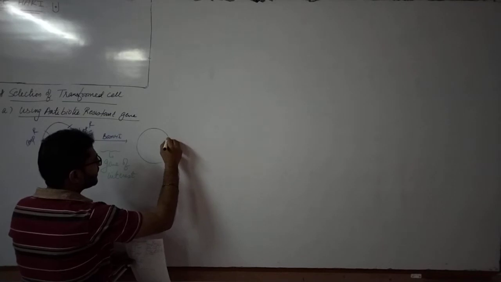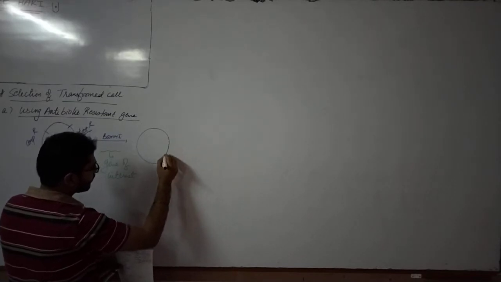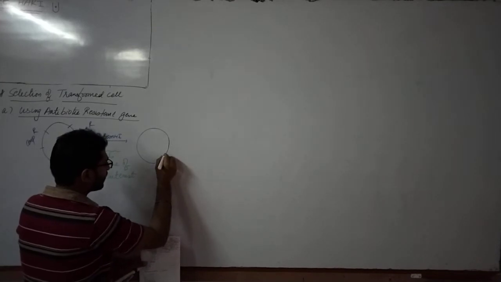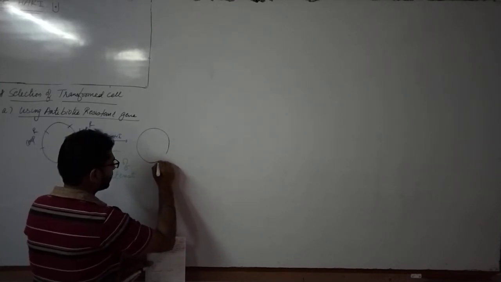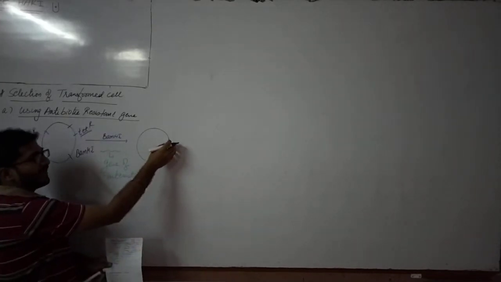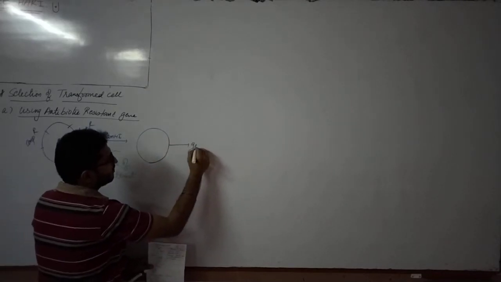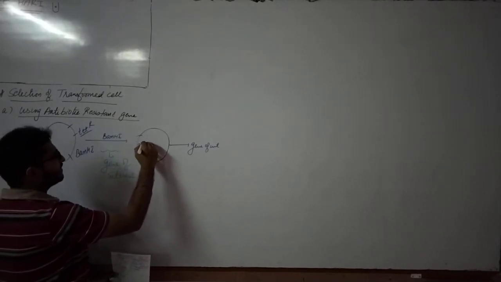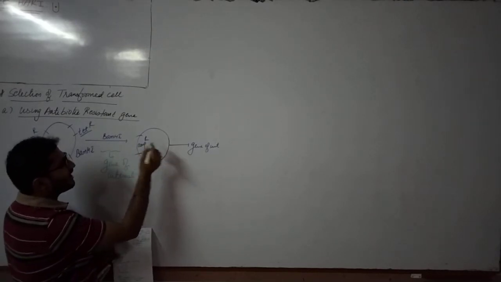Let us say that this is the gene of interest. This is the site where we have introduced the gene of interest. This black one is the gene of interest, and this is the entire plasmid only. The ampicillin region is intact. BamHI we have used, and the gene of interest. How to ligate?